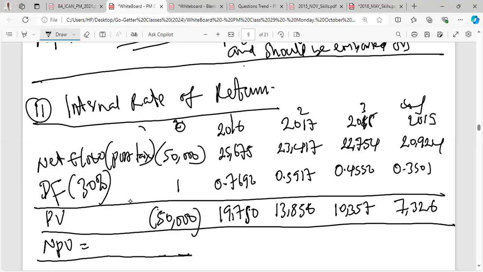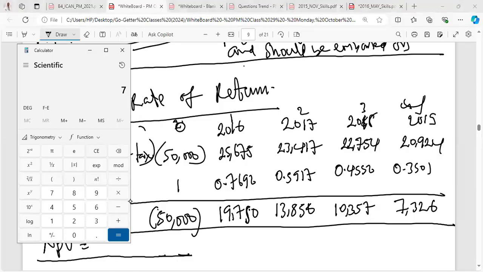Let's do our net present value. 7326 plus 10,357 plus 13,856 plus 19,750 minus, what shall we do?